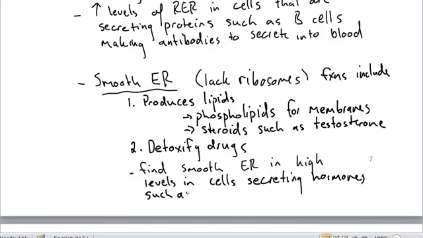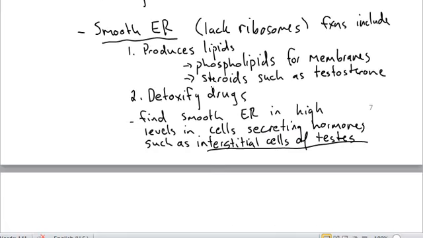Such as special cells called interstitial cells of the testes, where testosterone is being produced. And I don't expect you necessarily to remember interstitial cells now, but when we get into the reproductive system, we'll come back and talk about them. Okay?